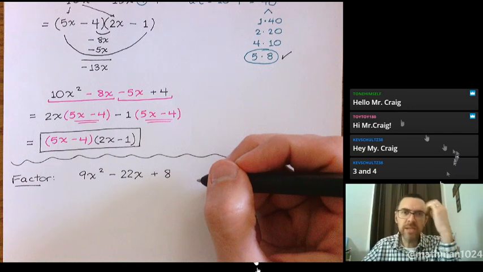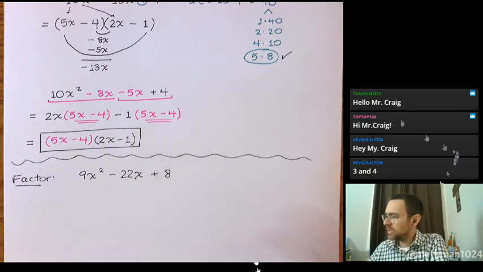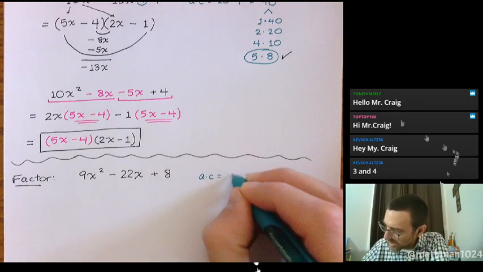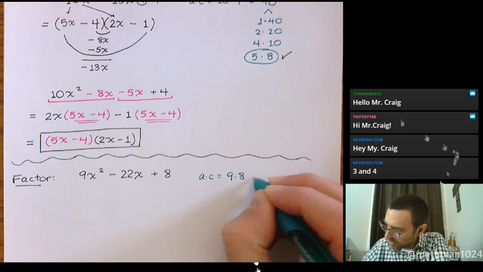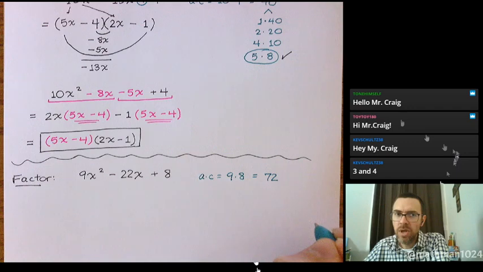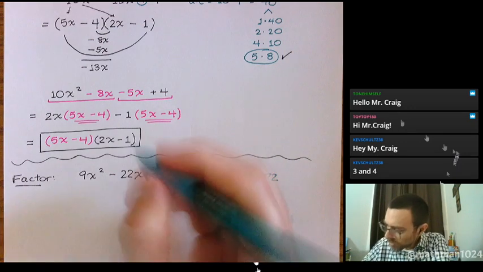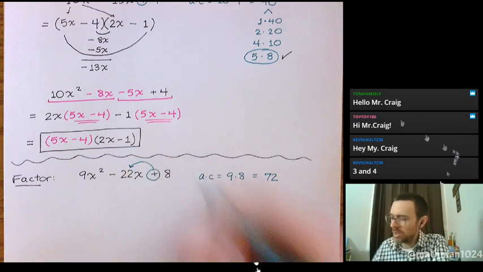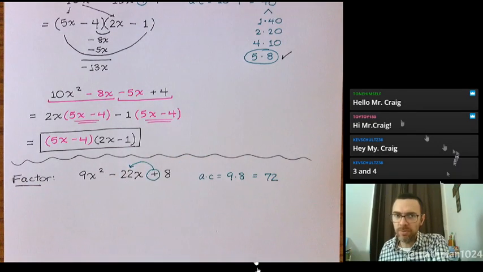So if we want to do the AC method, we're going to multiply 9 times 8. So off to the side, A times C is 9 times 8, and that product is 72. And with that 72, we want to find factors of 72 that add to 22.